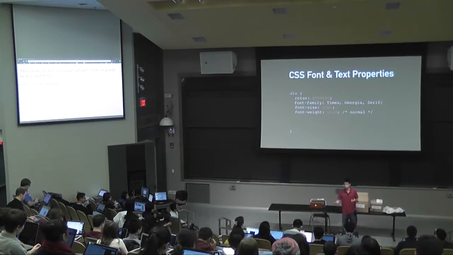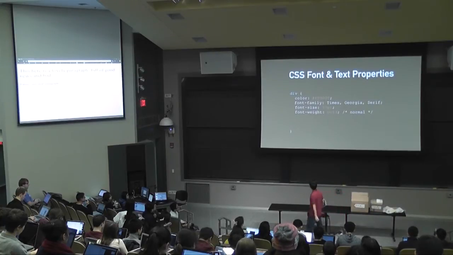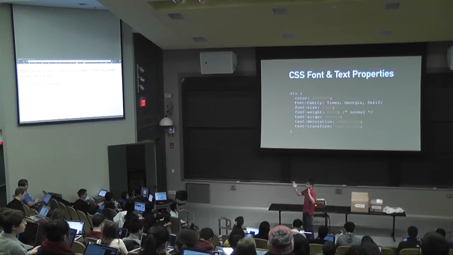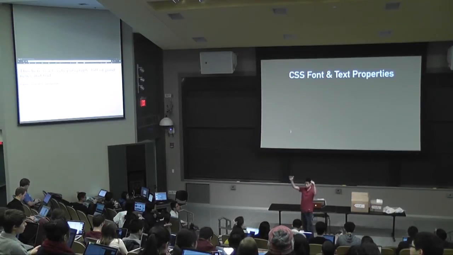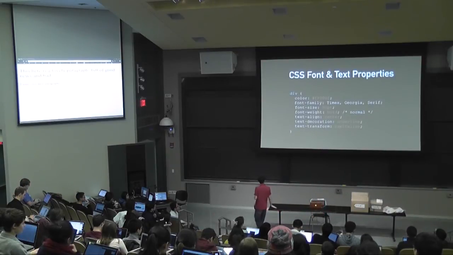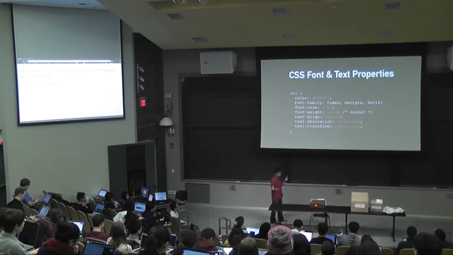For some fonts, they even come with numeric weights like 100, 200, 300, all the way to 900. Text align, that aligns the text inside your box. Text decoration, some fancy things that you might not need. And text transform, a bunch of other fancy things that you may or may not need.